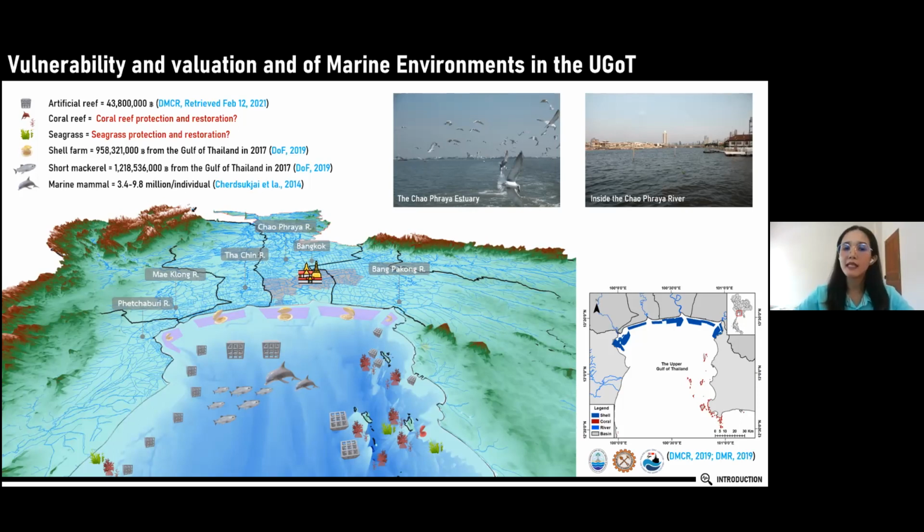So we pay attention to this area and aim to investigate hypoxia and ocean acidification in the upper Gulf of Thailand. Ocean deoxygenation and ocean acidification have been reported in the upper Gulf of Thailand.